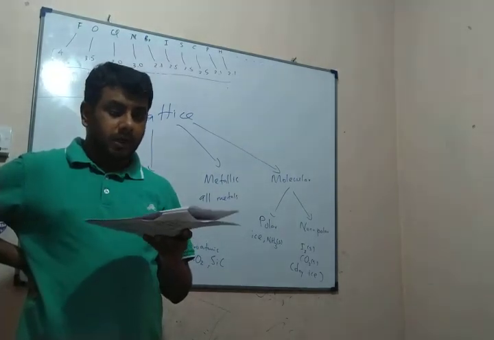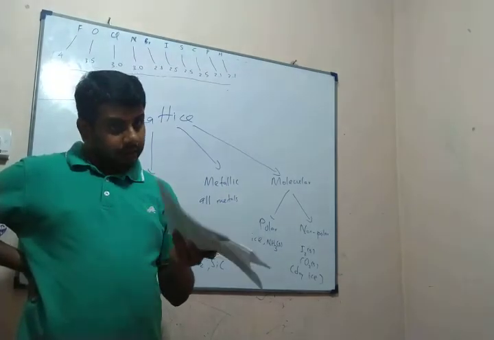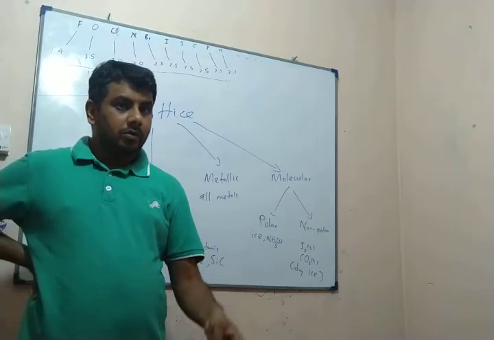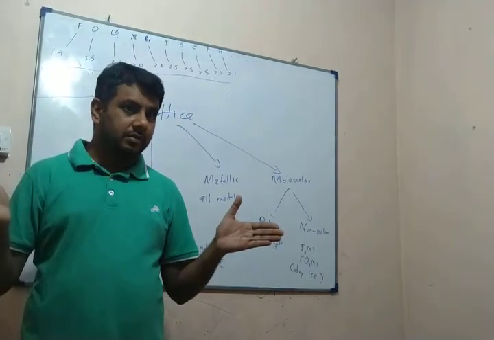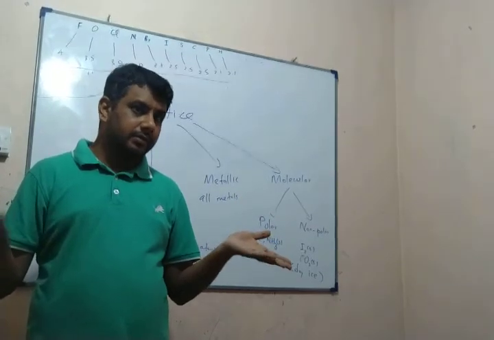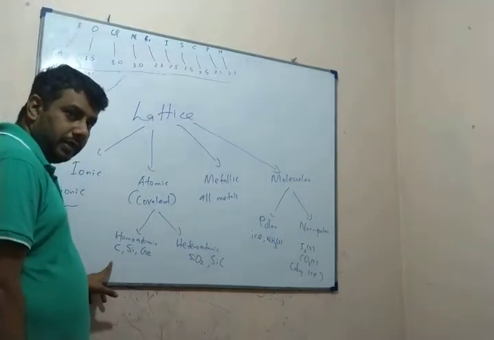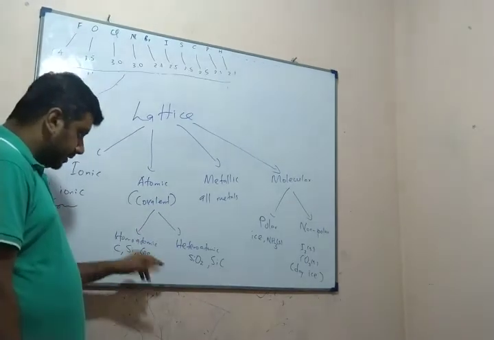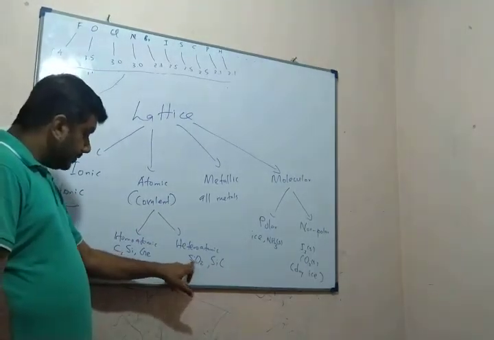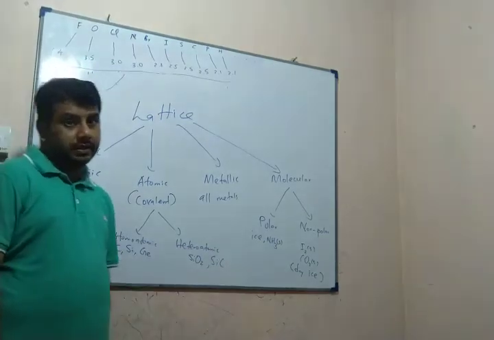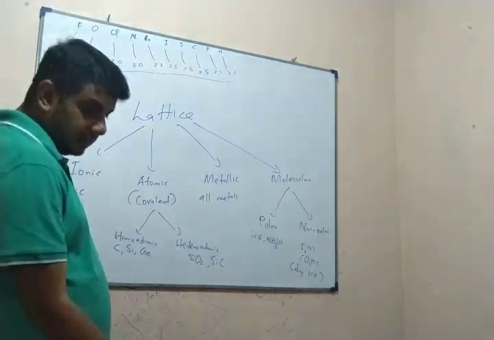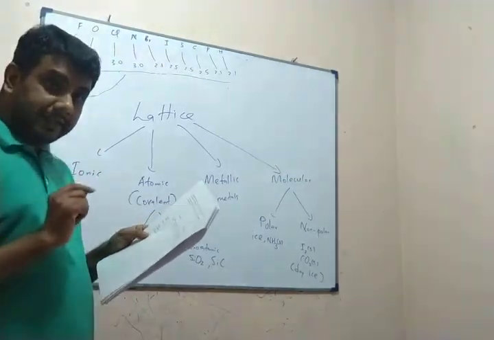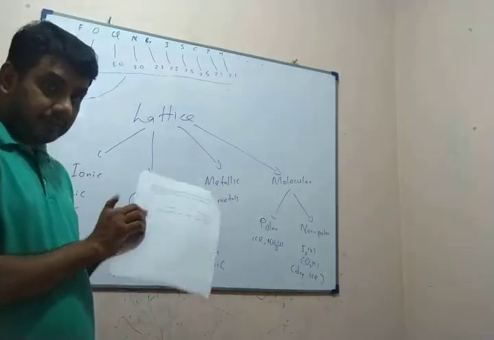Homo means same kind, hetero means different kind. Same kind of atom: only carbon, only silicon. Two types of atoms: silicon and oxygen, silicon and carbon. So homoatoms, heteroatoms. Ionic lattice, what are the types of particles?